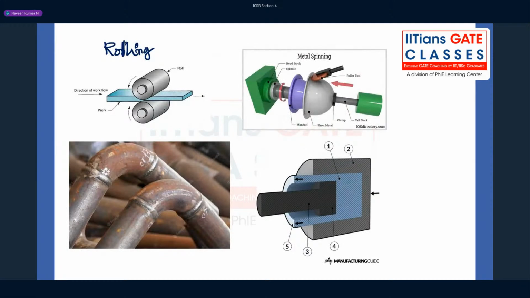In general, it is not used for tubes. We can make them if you want, but that is different. Typically, this rolling is used for making flat and long sheets of plates.